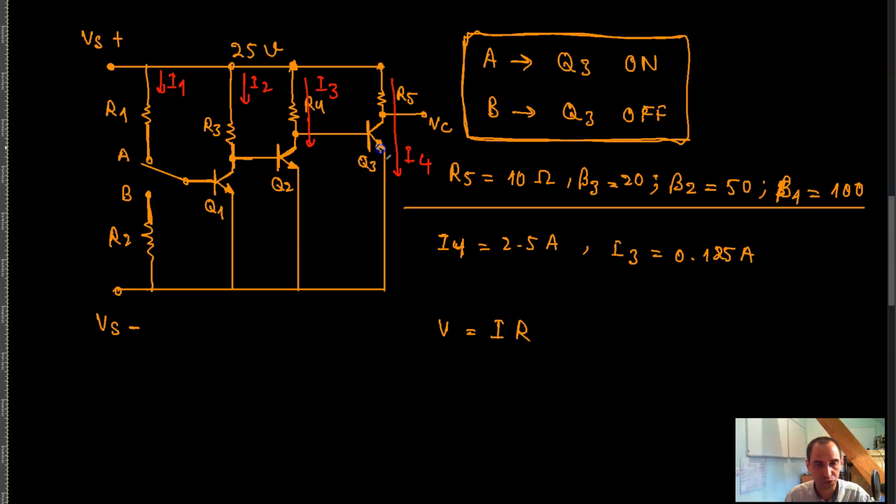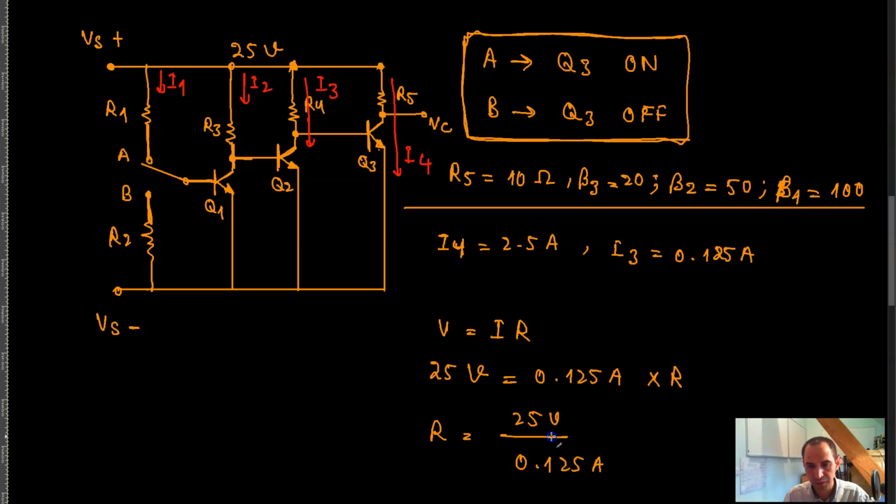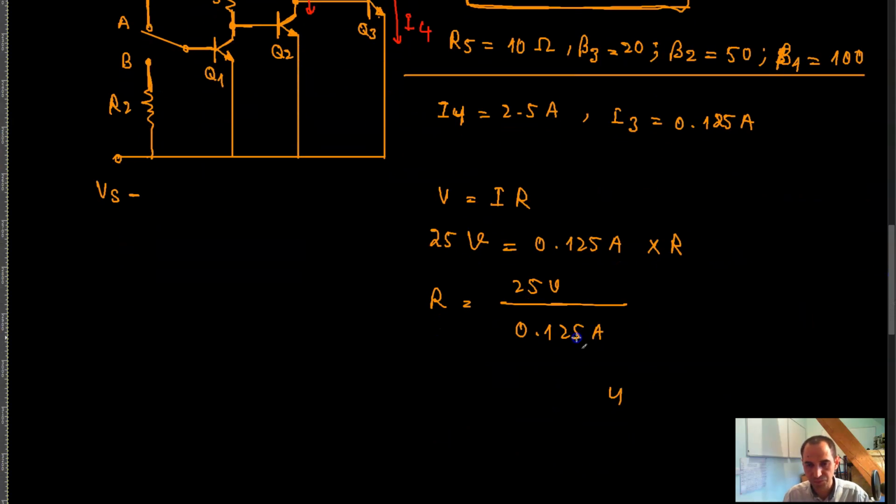I can ignore the PN junction, which means that 25 volts is across the resistor R4, and the current going through this resistor is supposed to be 0.125 amps times R. That means that R is equal to 25 volts divided by 0.125 amps.